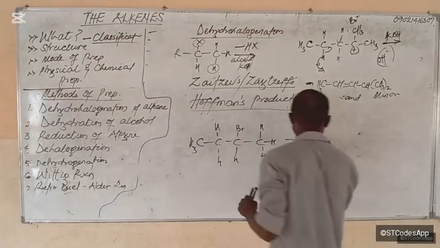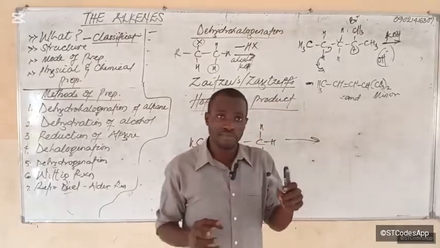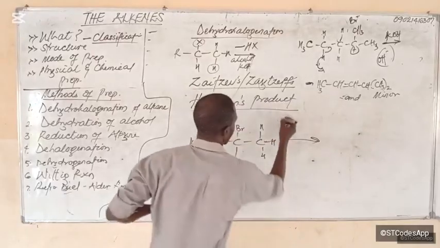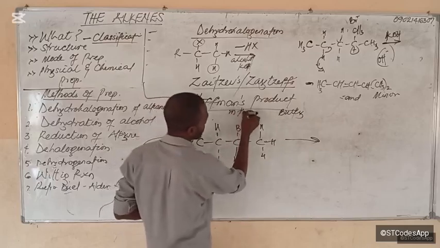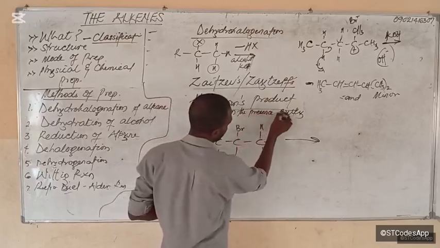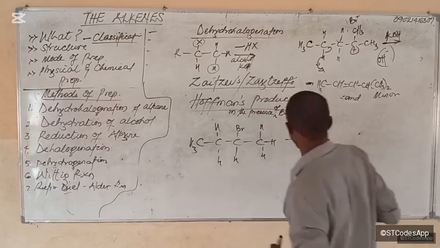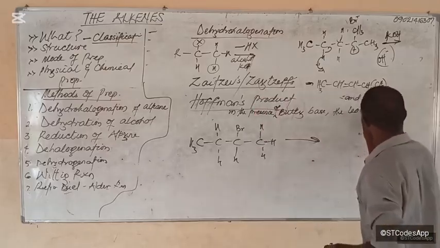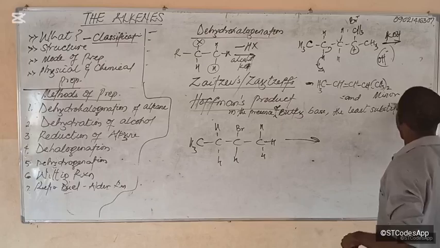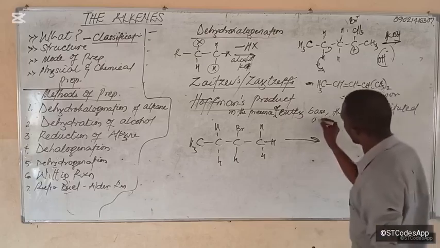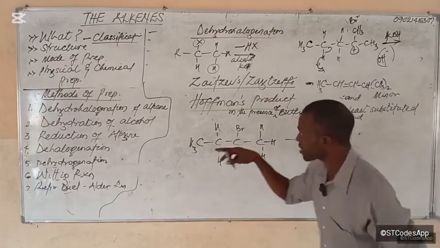But Hofmann said that if this were approached by a bulky base, so in the presence of a bulky base, what will happen? The least substituted alkene is formed. That's the Hofmann's rule.